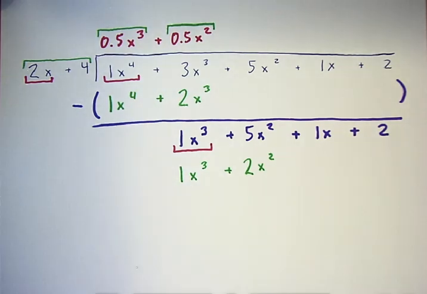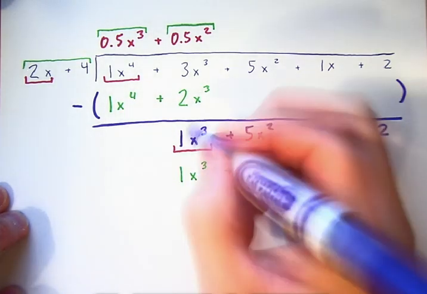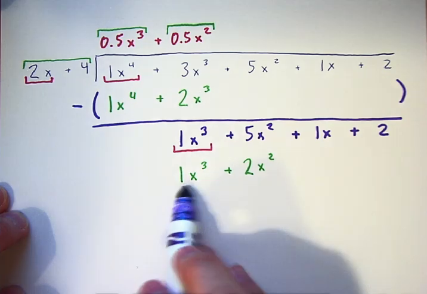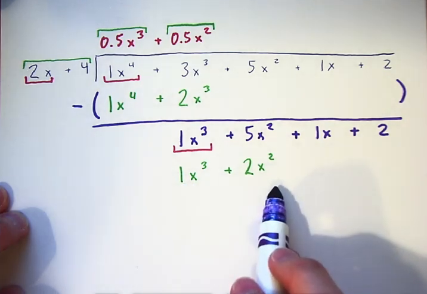All right, so I've divided, I've multiplied, so now to purple, we're going to subtract. We're subtracting this whole thing here by the whole thing we just multiplied.